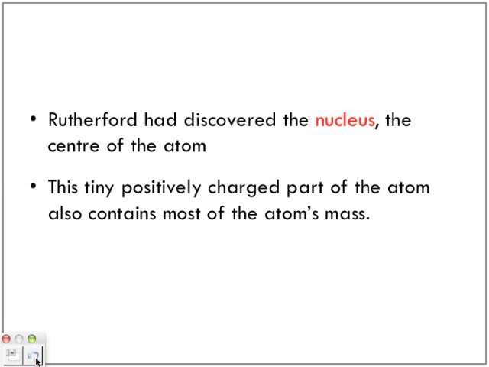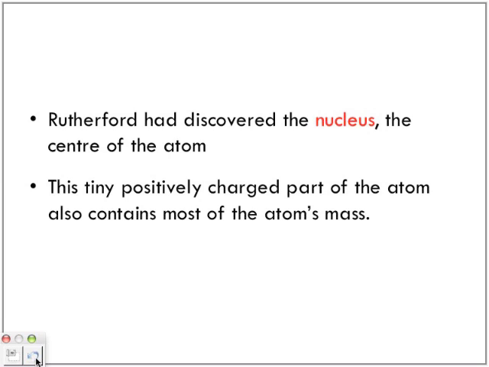Rutherford had discovered the nucleus, which is at the center of the atom. That's what deflected these particles. The nucleus had some kind of mass that allowed it to cause these particles to deflect.